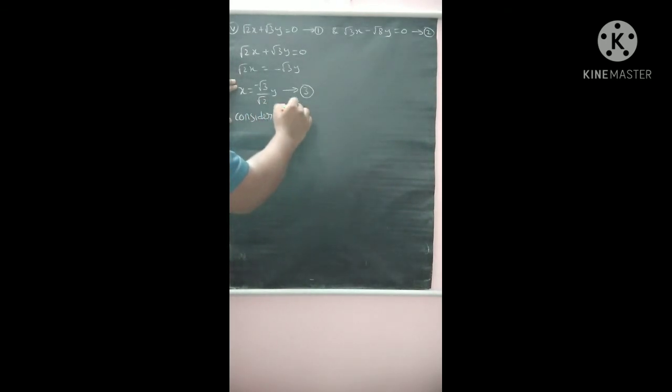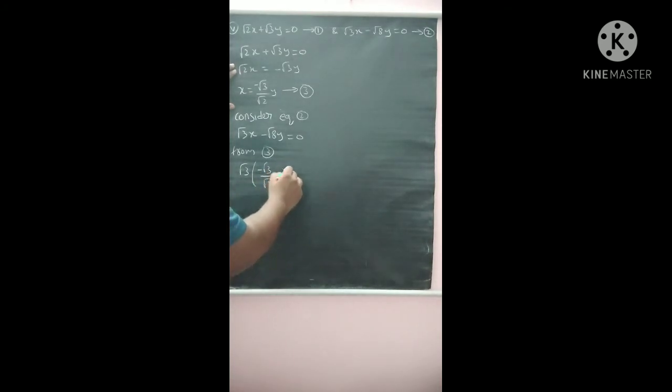Consider the other equation as 3: root 3x minus root 8y equals 0. So from 3 we can write root 3 into minus root 3 by root 2 y, minus root 8 y equals 0.